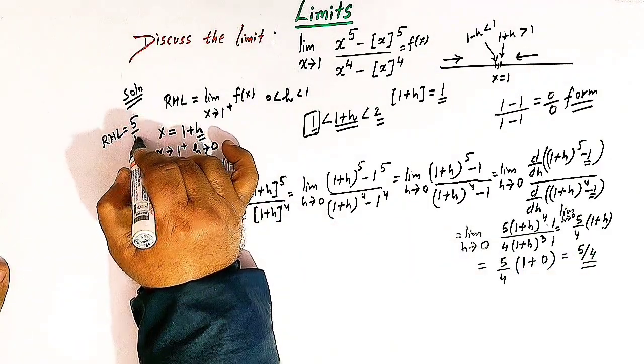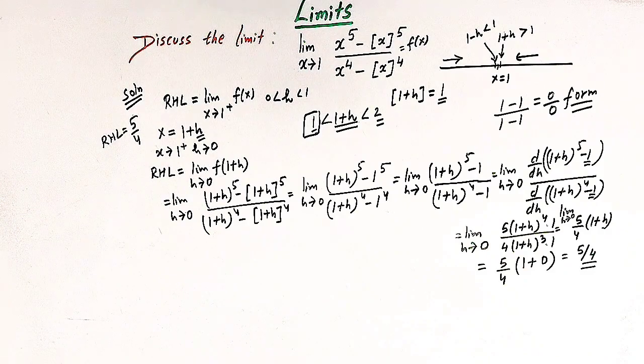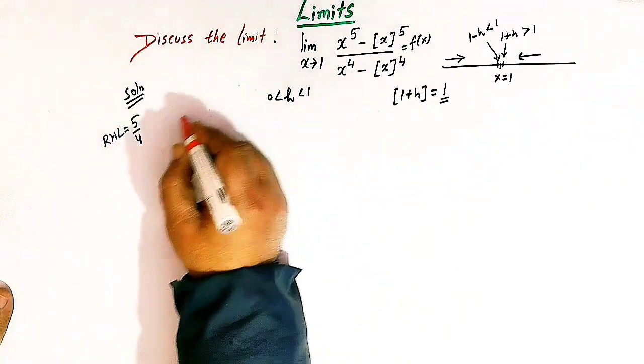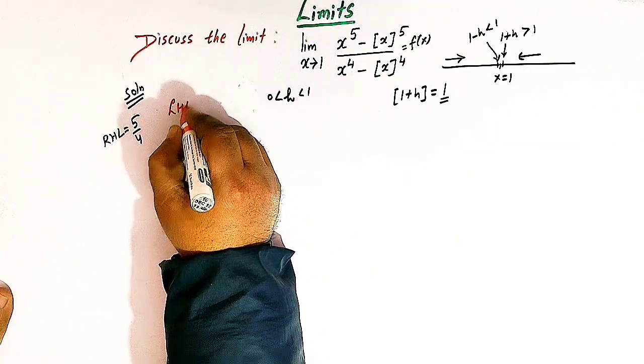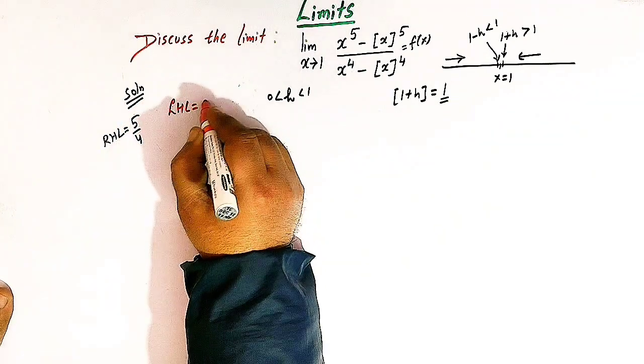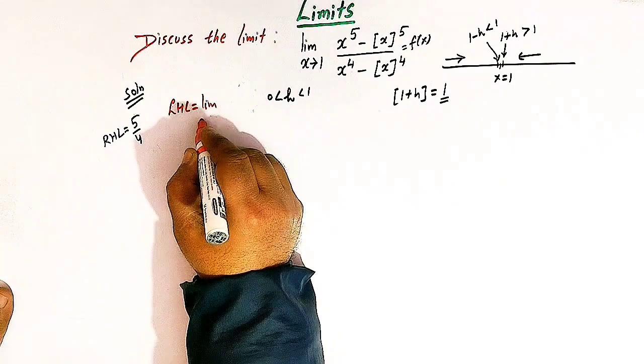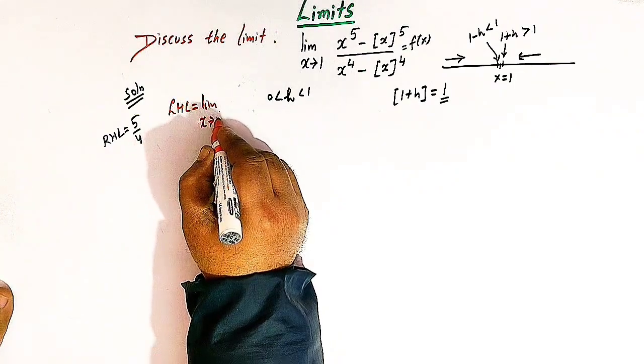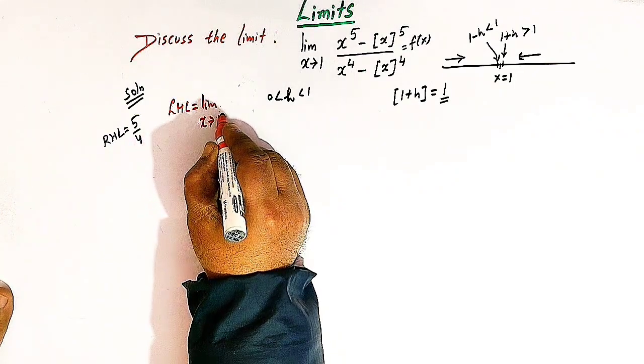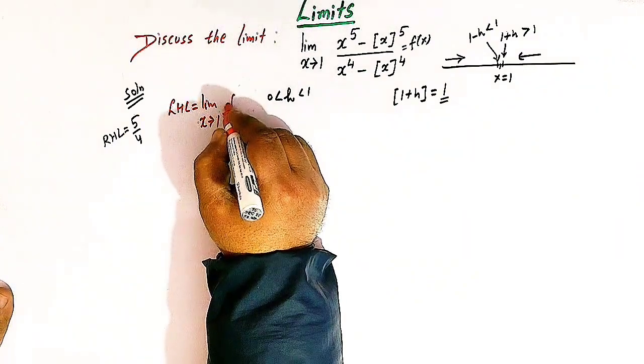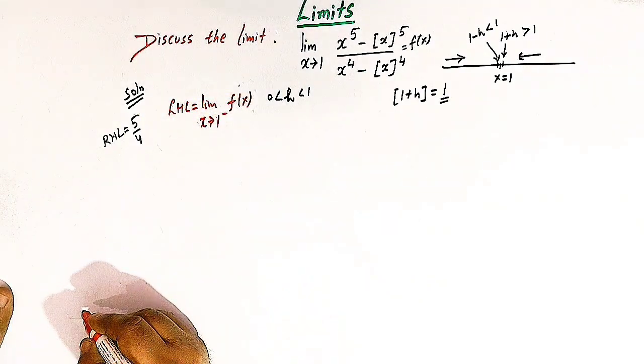Now let us find out the left hand limit. So now we have the left hand limit as LHL, and this is the limit x tends to 1 with a negative sign, of f of x, right?